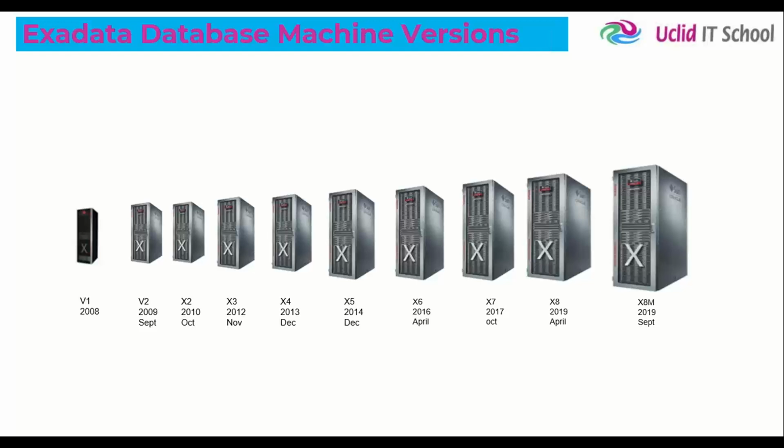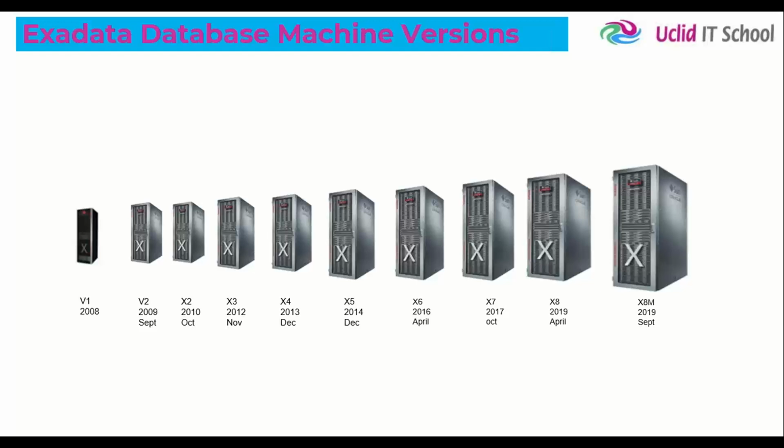V1, V2, those are the first two versions. Then the third version is named X2. Oracle changed the naming convention for the versions. From the V1, V2 style, Oracle introduced X. So instead of X3, Oracle started with X2. So V1, V2, X2 is technically the third version, right? Then X3, X4, X5, X6, X7, X8, and X8M. Very good observation, Parmesh.